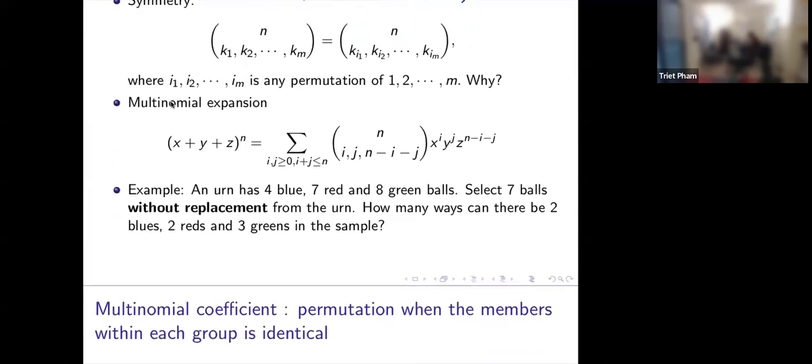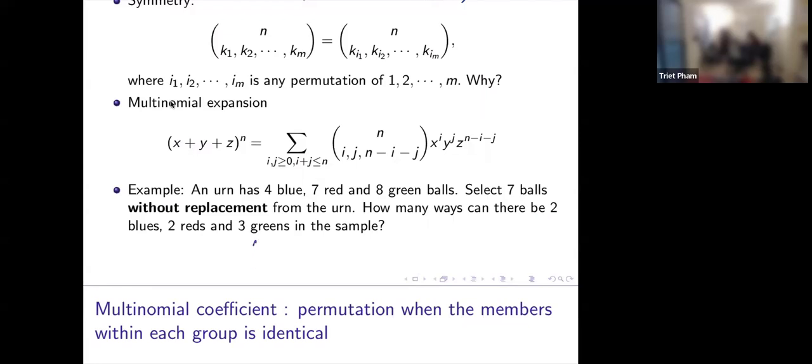But let's look at this example. If an urn has 4 blue, 7 red, and 8 greens, and you pick 7 balls, so that 2 blue, 2 red, and 3 greens come out, how many ways can you... you know what, I think this one is not really a multinomial coefficient.